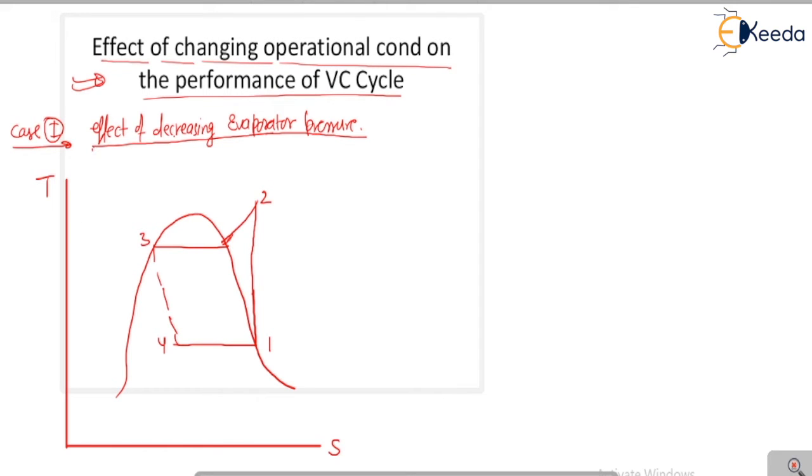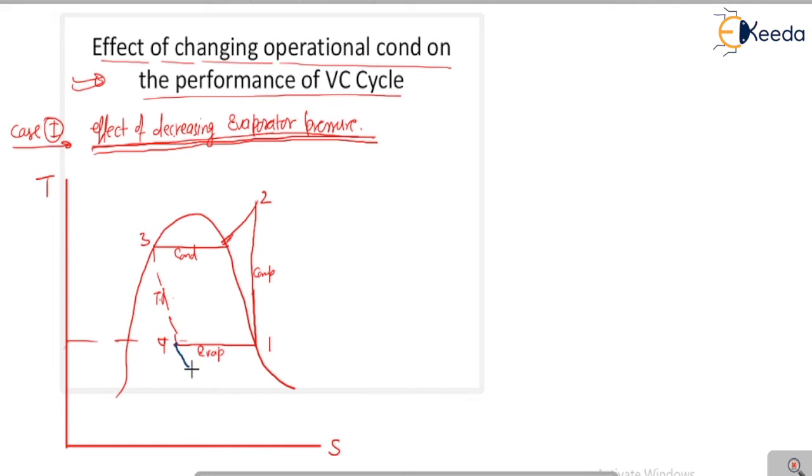Now the case is the effect of decreasing evaporator pressure. This is the evaporator and this is our condenser. This is our compressor and this is our throttle valve. So what is the effect of decreasing evaporator pressure?